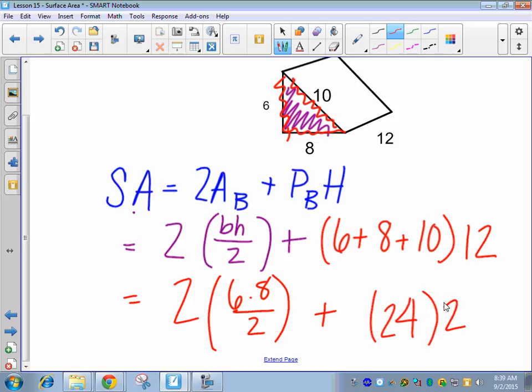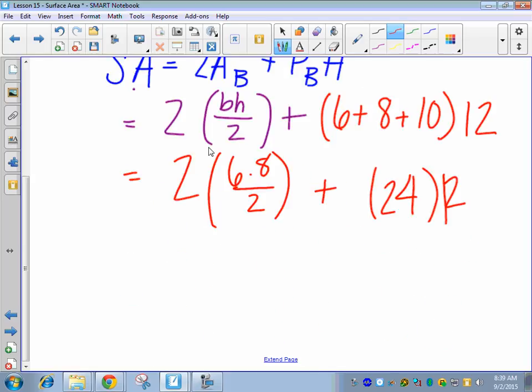Times 12, not 2. All right, at this point, I could do this the long way. This one's actually easy, so let's do it the long way. We can cross off these 2's, right? 2 divided by 2 divides out. So we're going to get 48 plus 24 times 12. Anyone? What's that? 288. Do people agree?